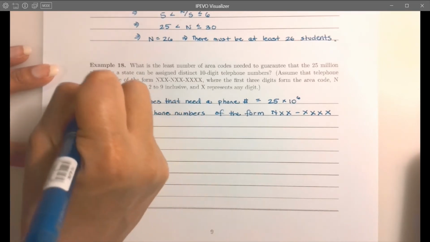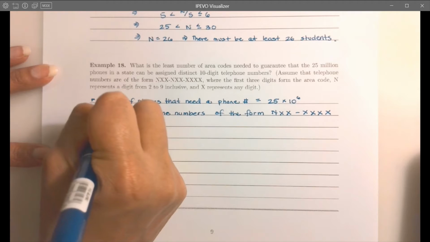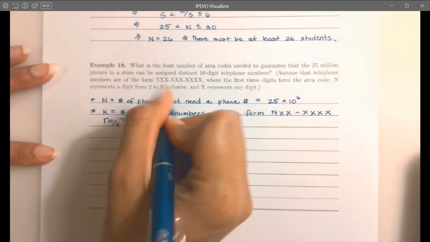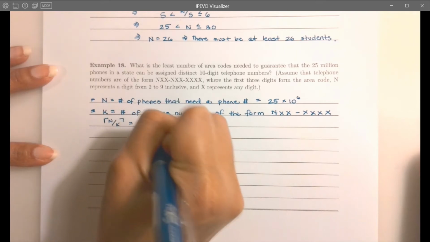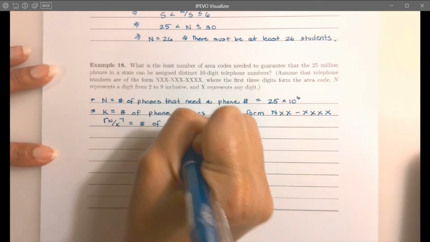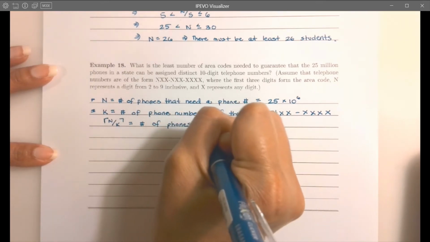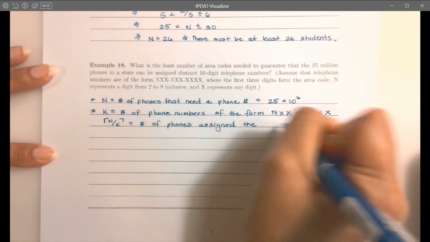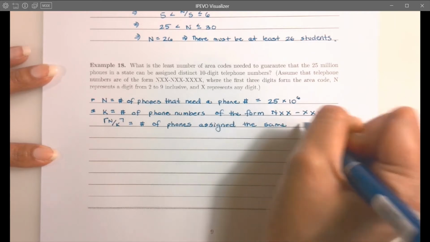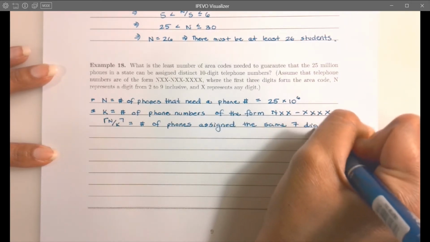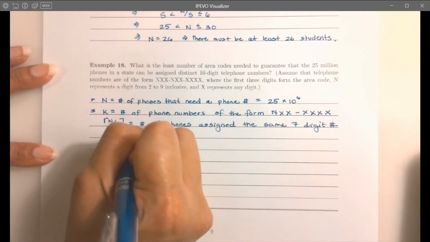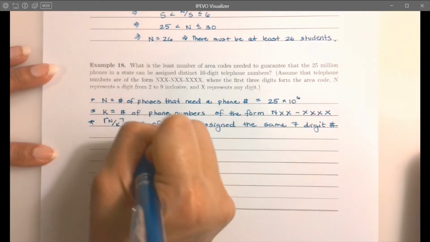So then the ceiling of n over k is going to be the number of phones assigned the same 7-digit number, which also equals the number of area codes that are needed.